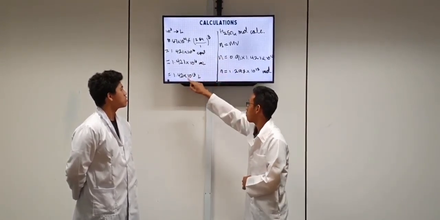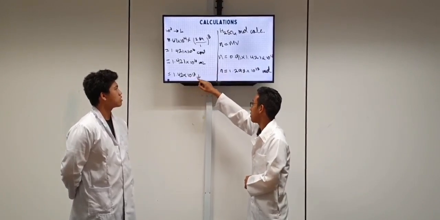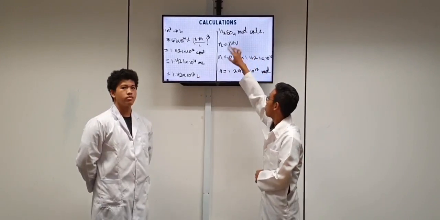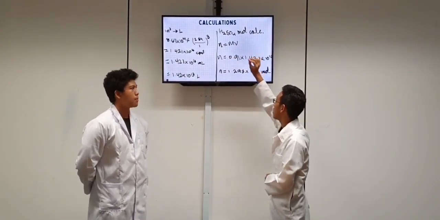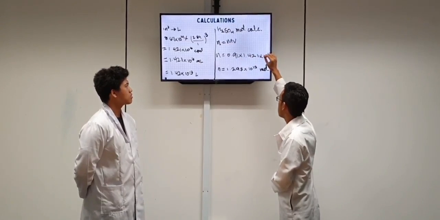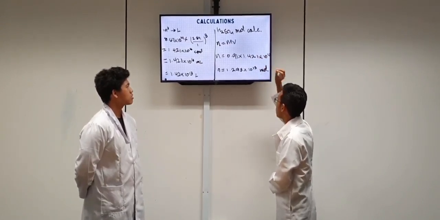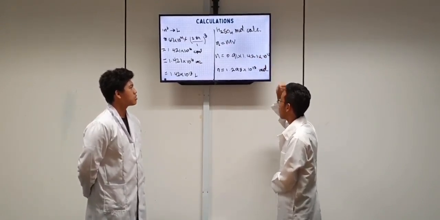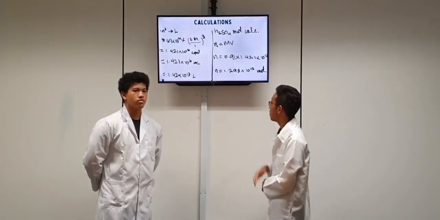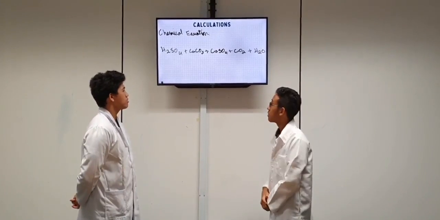So we will have 1.42 times 10 to the power of 13 liter. Next, we need to use this formula since we have the concentration of acid and the volume of acid in the lake. So we need to substitute the values in the equation and we will get 1.293 times 10 to the power of 13 mole.